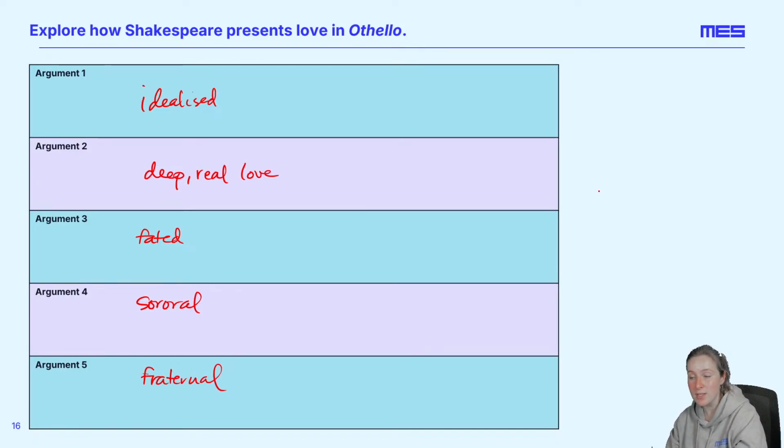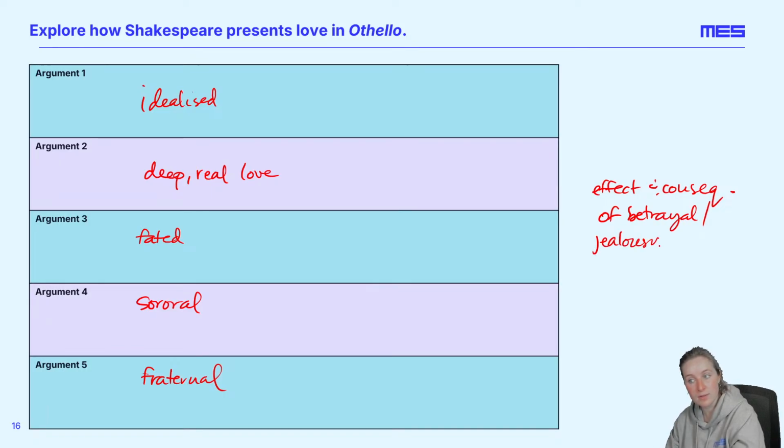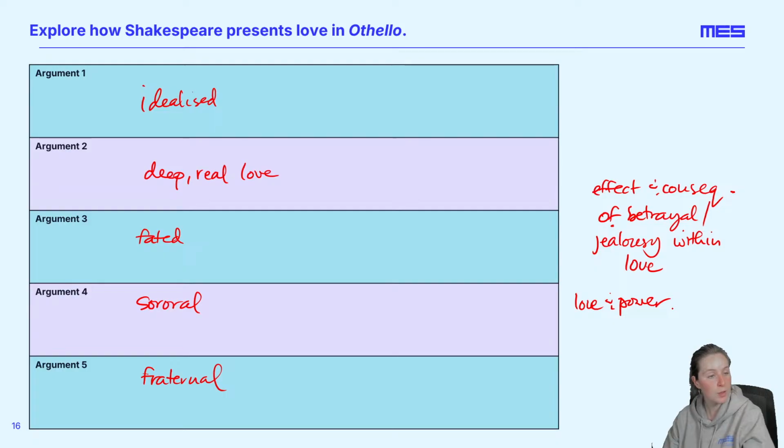We can talk about the effects and consequences of betrayal or jealousy within love. And we can look at love and power. We could talk about men's role within a relationship. We can talk about Desdemona specifically. We can talk about Iago or Othello specifically as well. There's so much to talk about.